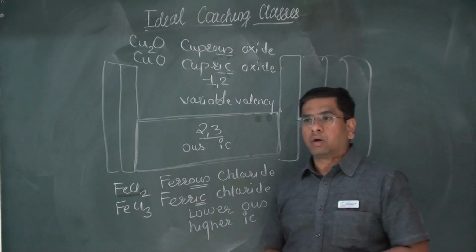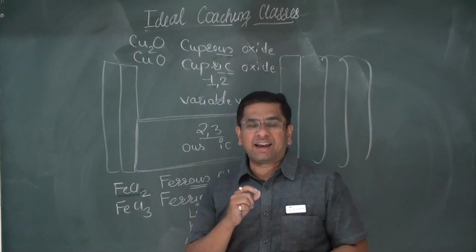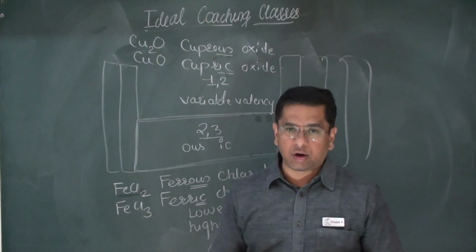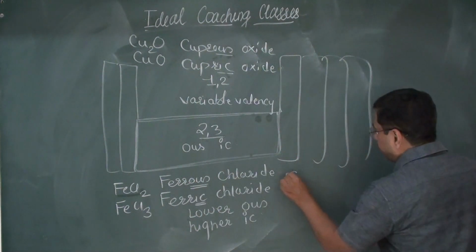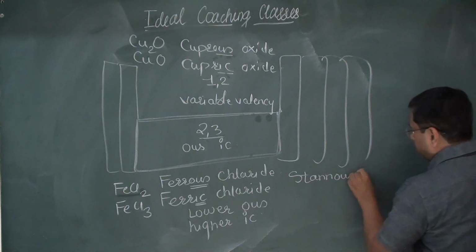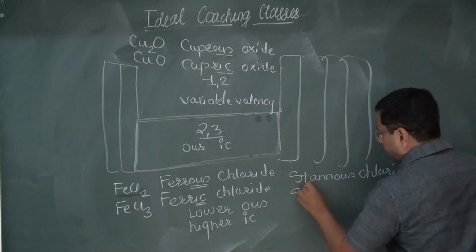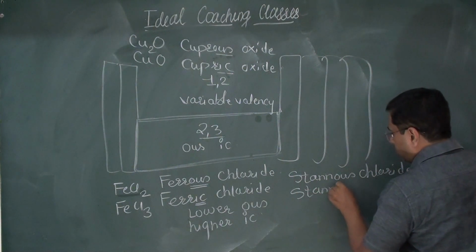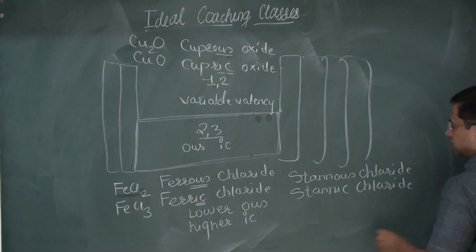Another compound, where you can find out the valencies and the OUS and IC names: stannous chloride and stannic chloride.